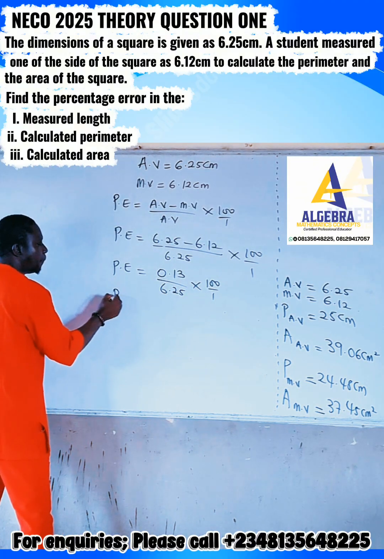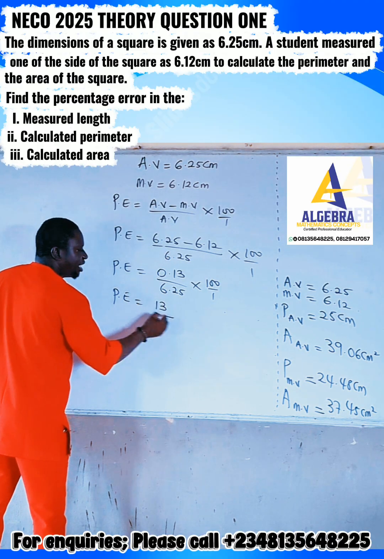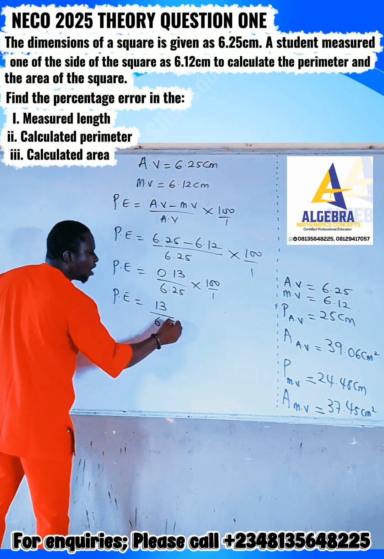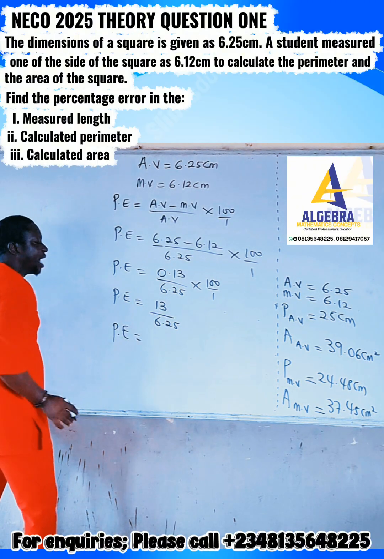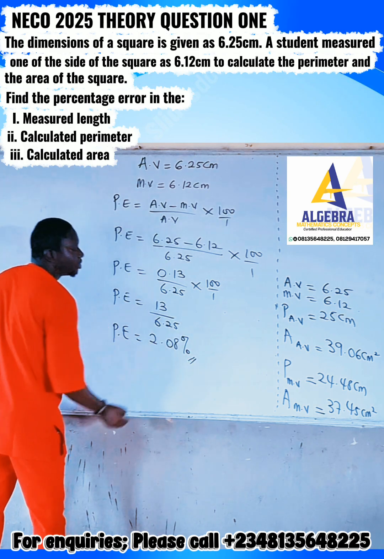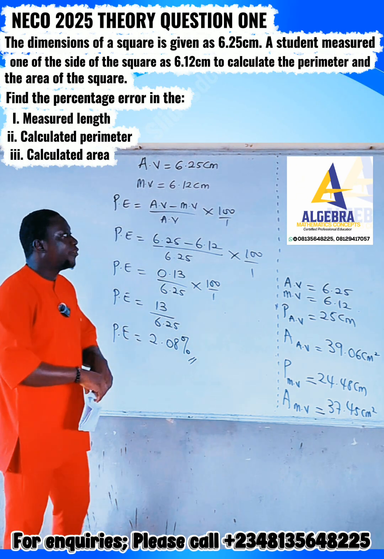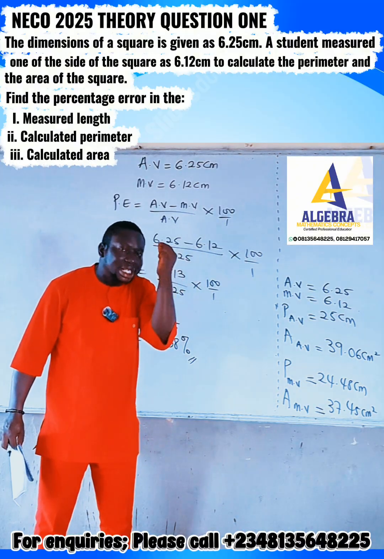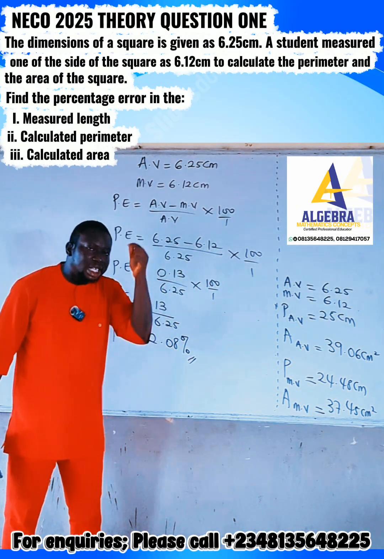Multiplying these two gives me 13, then divide by 6.25. I have 2.08%. So this is the percentage error in the measured length.